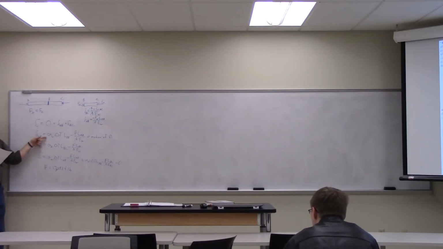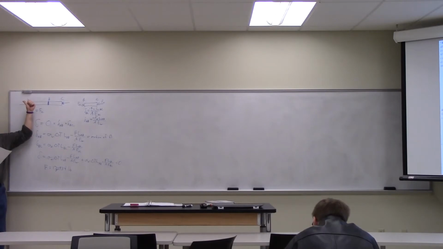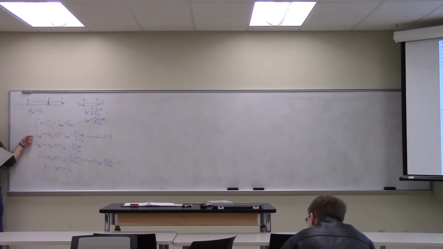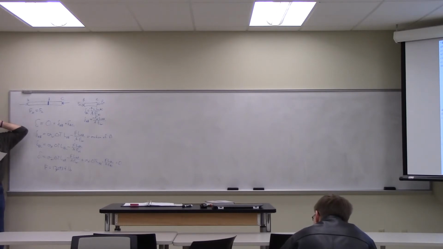If this is a negative value, that means B moves to the left, because AB got shorter. If it's a positive value, AB got longer, B moved to the right. But this is the elongation of this left-hand segment, which is the motion of B, because A is fixed on the left-hand side.